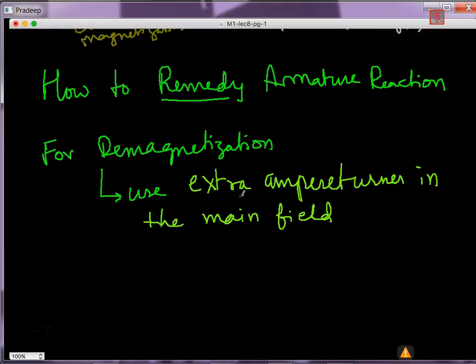So if I initially generate a higher field, then the demagnetization effect will slightly reduce it, thereby coming to the correct size, so correct magnetic field. So that is the effect of this one.